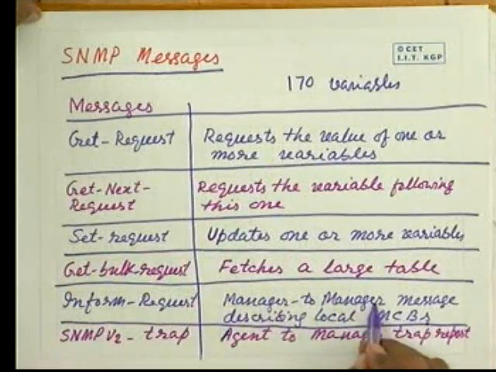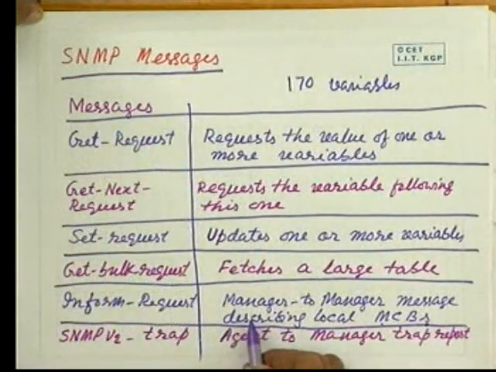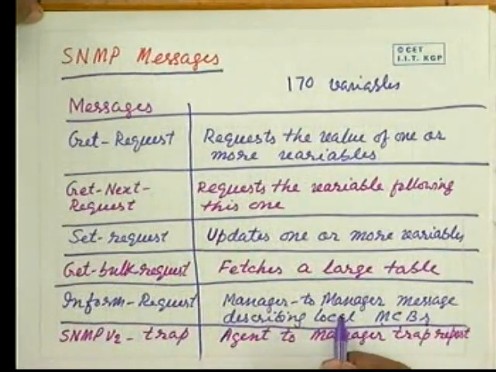There can be more than one manager, and the managers can decide among themselves which parameters each of them will look into, or they can divide their work, or they can exchange information about local variables. Using this message, a pair of managers can exchange information.